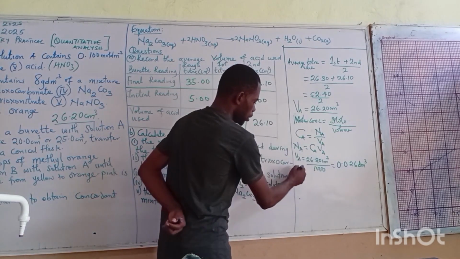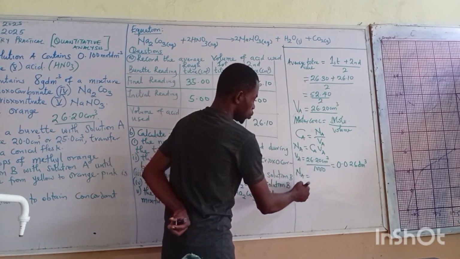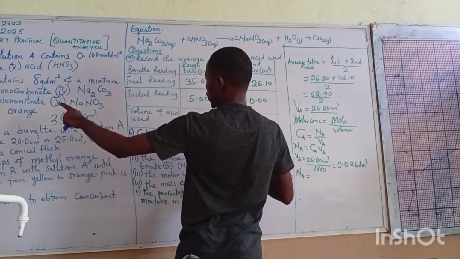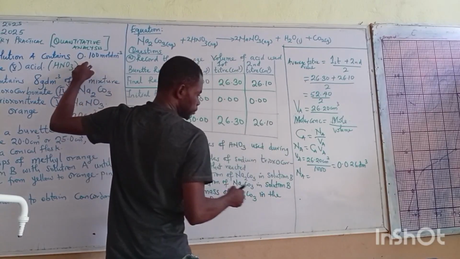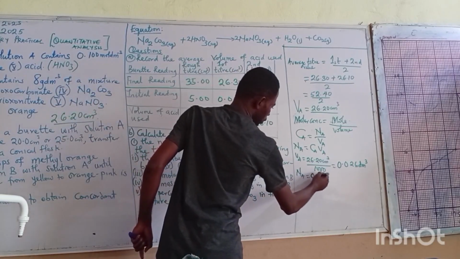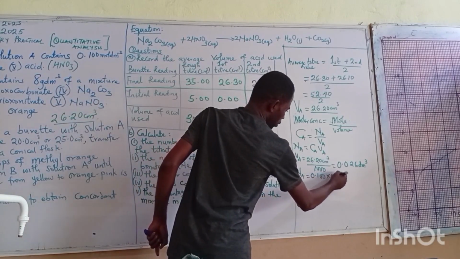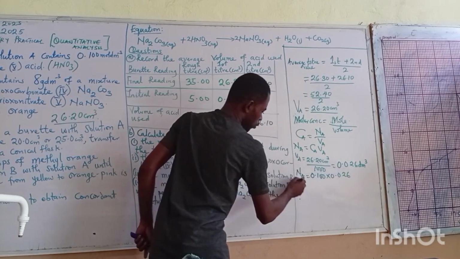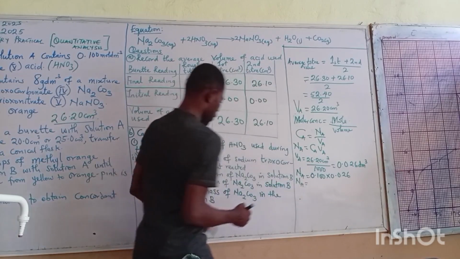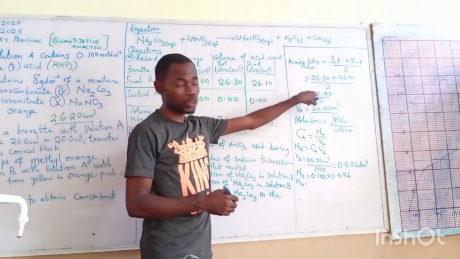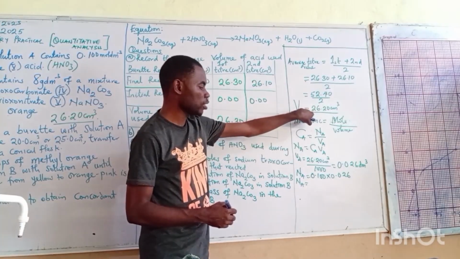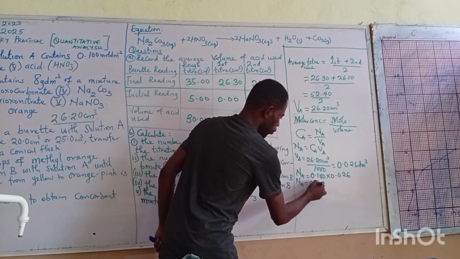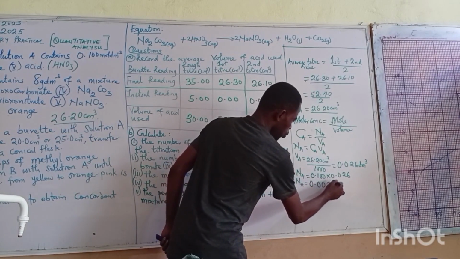Now I can go on, say my NA equals to, what is the CA of HNO3? We have been given, where is it? Question 1. 0.100 times 0.026. And at the end of the day, my number of mole of HNO3 during titration, I am having 0.0026.